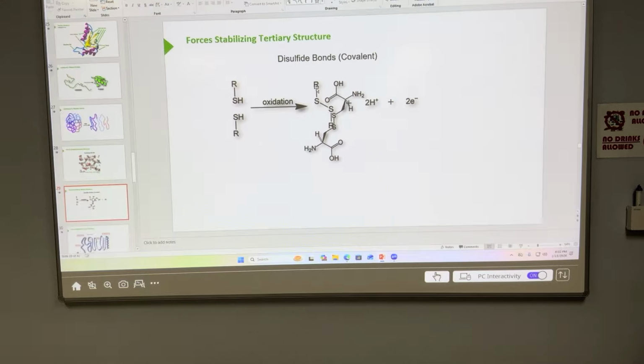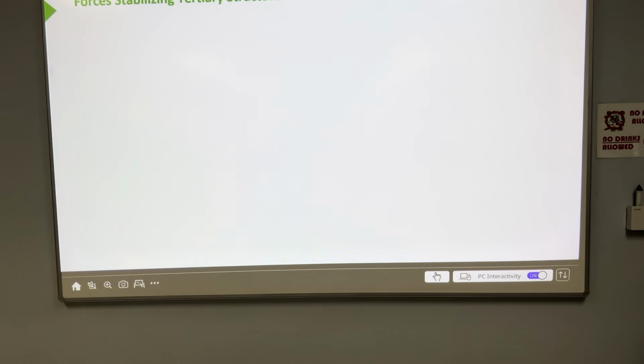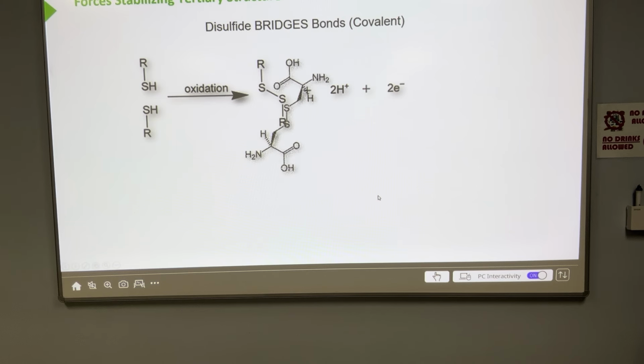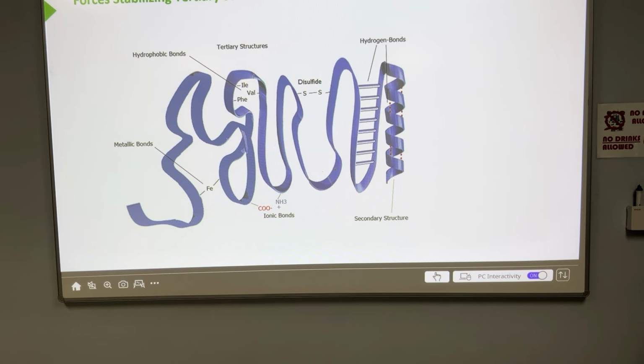Disulfide bonds or disulfide bridges. And you see, that's a force that's going to stabilize the tertiary structure.